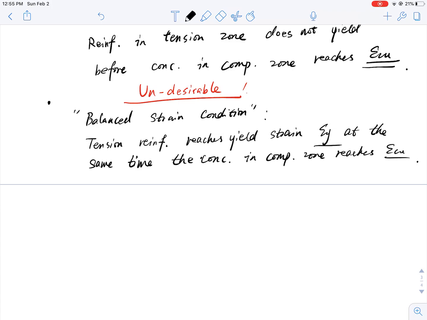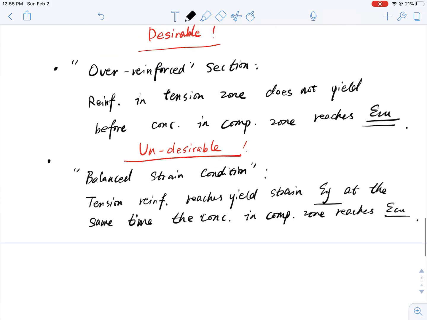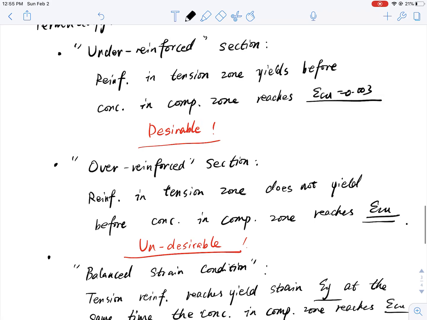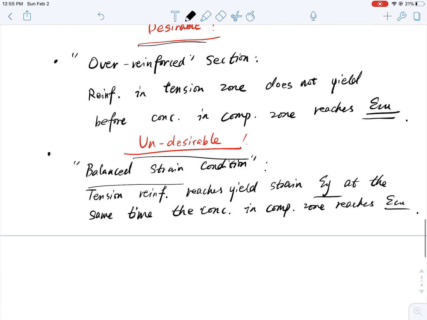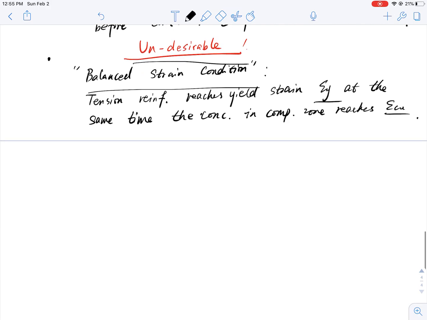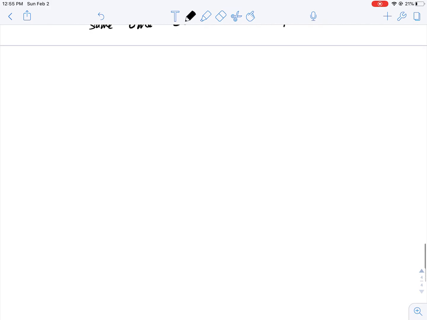So the strain in the steel reaches yield strain at the same time as the concrete crushes. You can think of it as desirable, undesirable, and then the cutoff point. These are the basic terminologies we would like you to understand and remember.